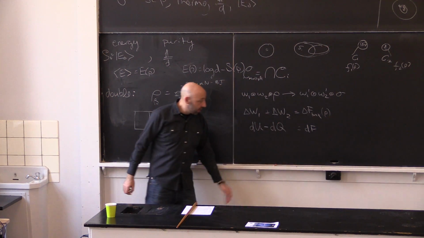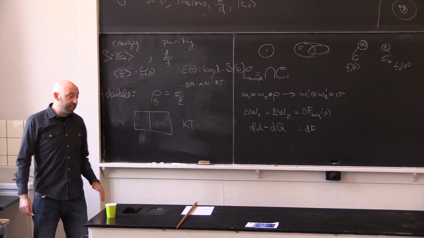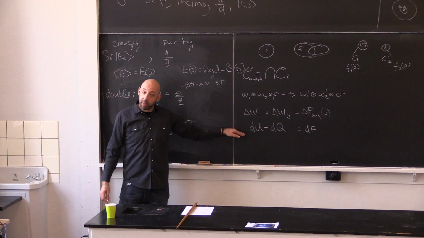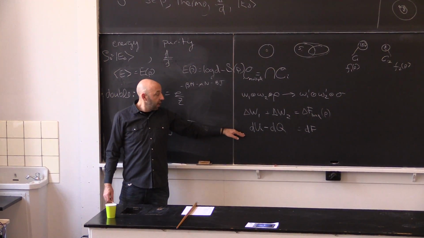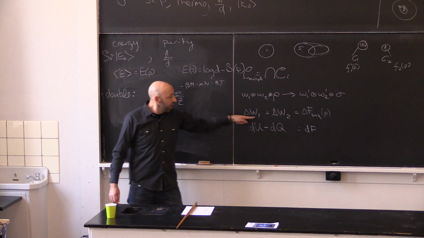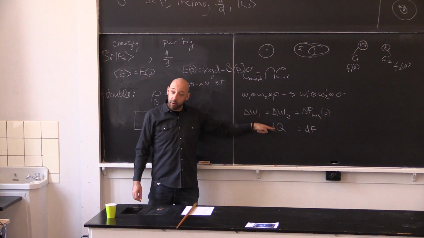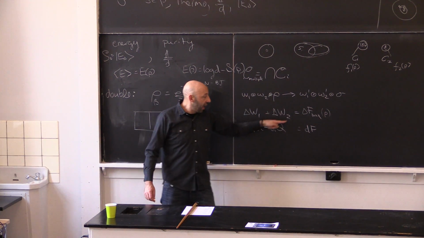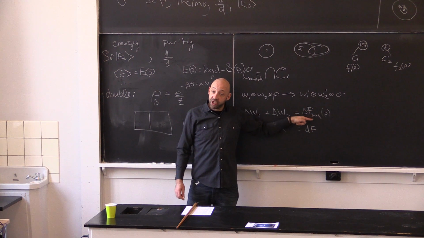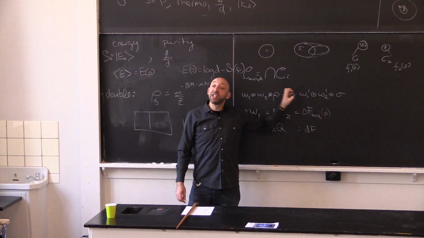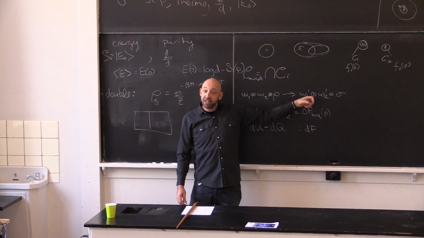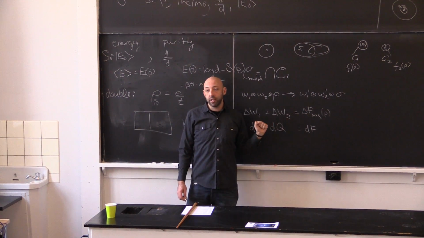So this is like the first law in thermodynamics. You have resource 1, which is energy, resource 2, which is heat in this case, and then the change in free energy is just the relative entropy distance of your state to the reservoir state, the bank state.